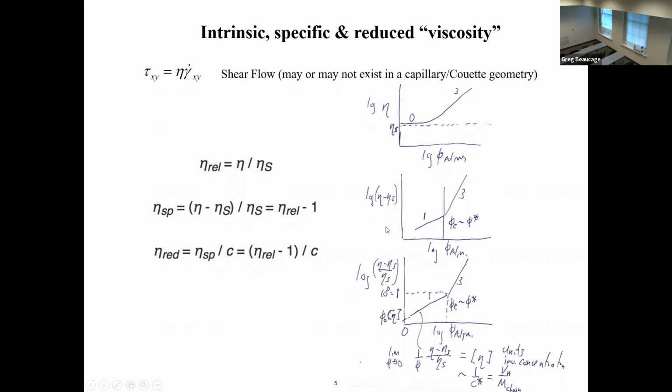Zimm means the thing's a ball, the whole chain's a ball. And Rouse means the chain's independent mer units. So it's totally draining versus non-draining. Those are the two. And in between those two is the real world, and that's what you call the hydrodynamic effect, and things get dicey. It's hard to calculate what the hydrodynamic effect is.